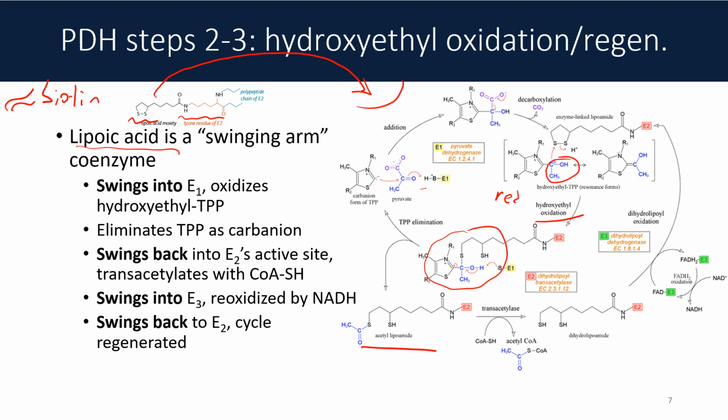Now that we've transferred our substrate from E1 onto E2, we will now be employing the transacetylase activity to basically exploit the fact that acetyl-lipoamide is also a good leaving group. This is a thioester, which are really easily broken.